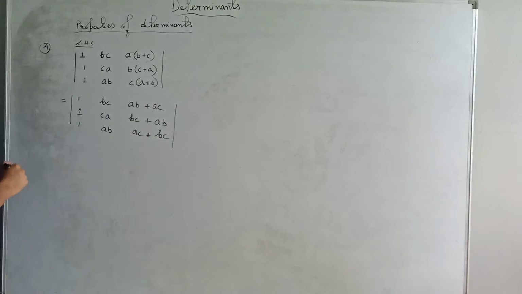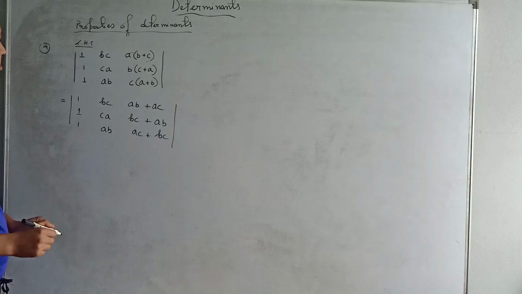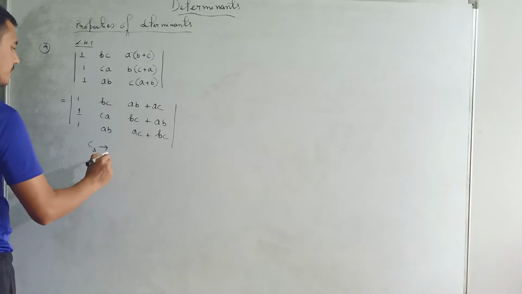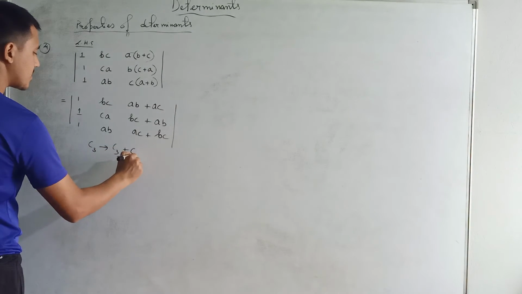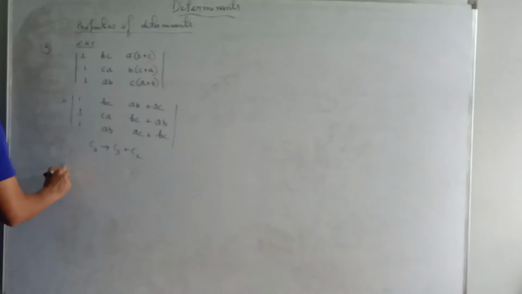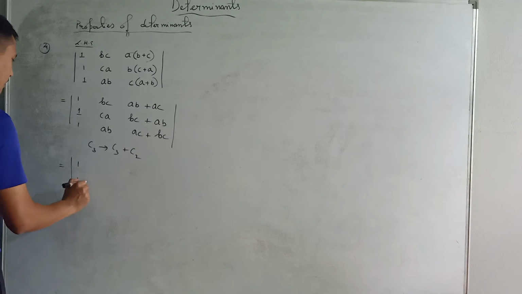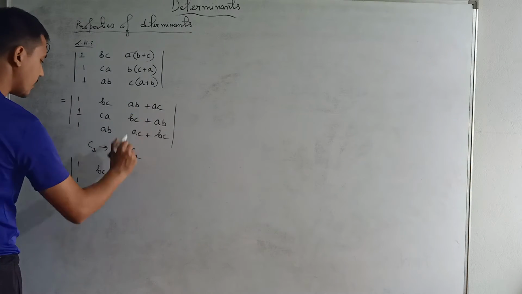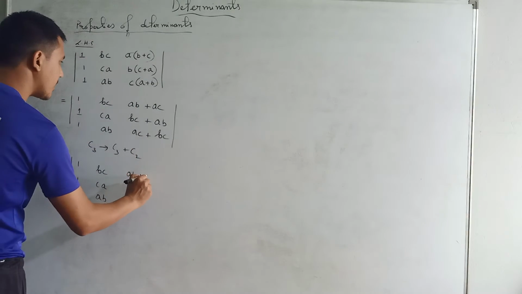Now what I'm going to do is, to column 3, I'm going to add column 2. So C3 goes to C3 plus C2.